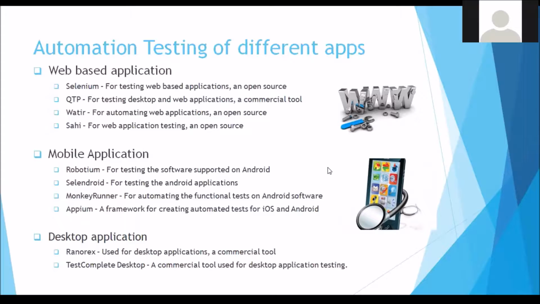Similarly, for mobile application testing we have Robotium, Selendroid, Monkey Runner, and Appium. And the third one is desktop applications, wherein we have Ranorex and TestComplete Desktop.